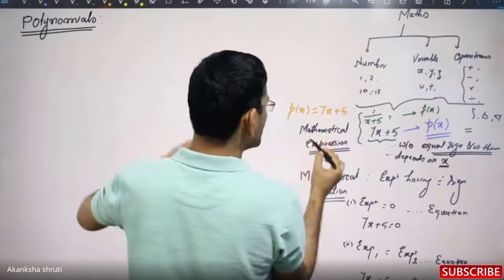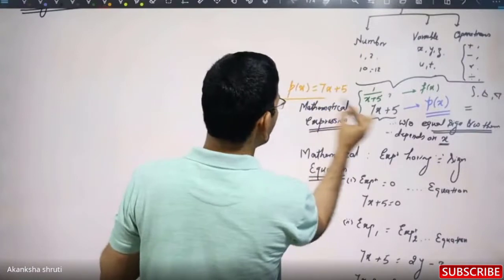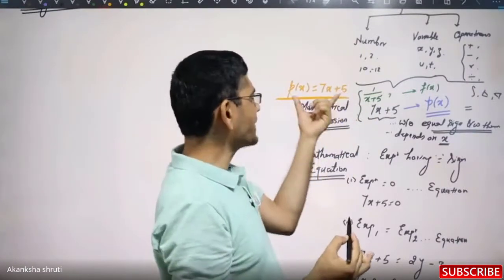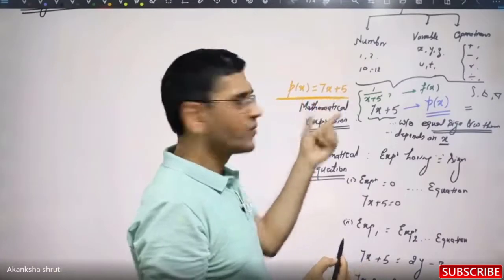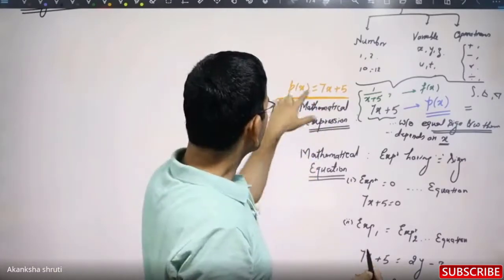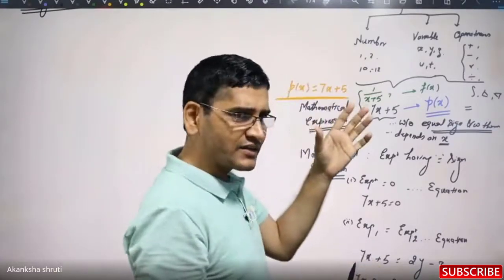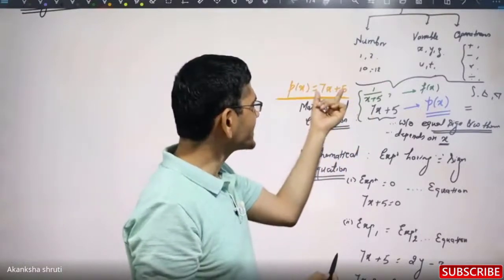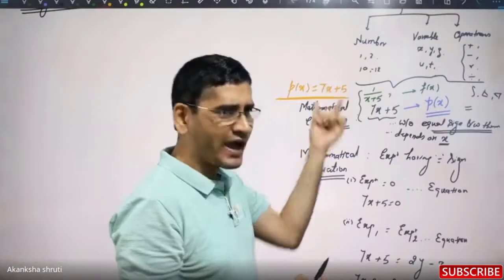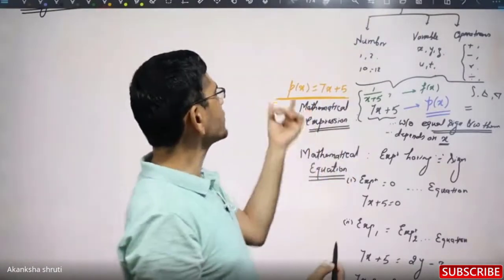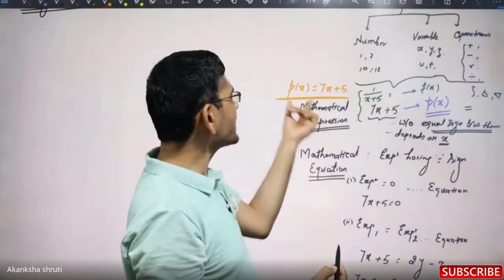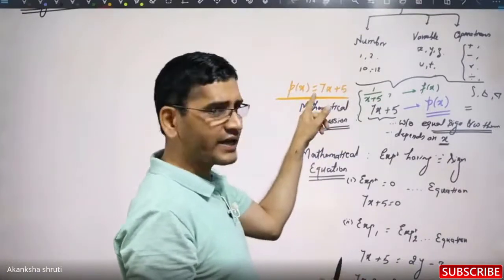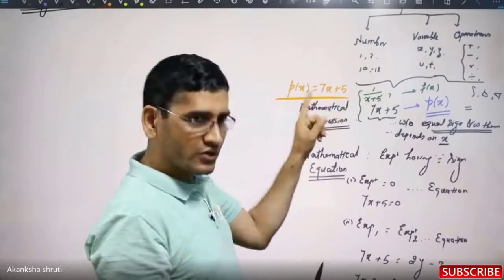But student, do not think that because p(x) is written as equal to 7x plus 5, it becomes an equation. No, for an equation, this p(x) should not be present. Keep in mind, p(x) is just a name given for this expression 7x plus 5, and to denote it, or to write that this p(x) is exclusively this 7x plus 5, we are equating it.